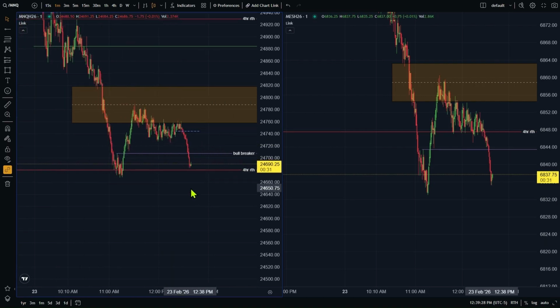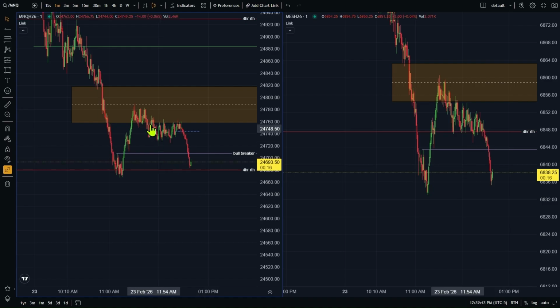So a higher low here and a rip to the upside with a fair value gap would be my expectation to enter a trade to the upside. And then we could aim for at least this liquidity.